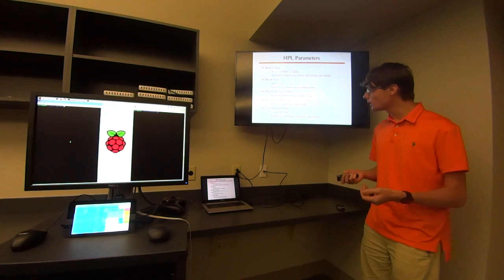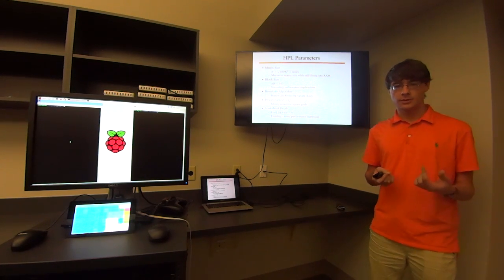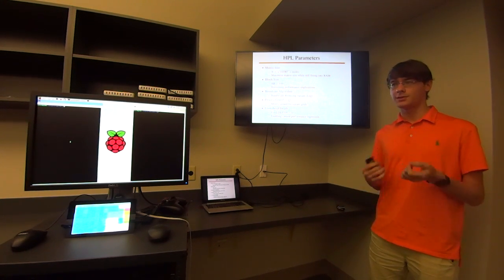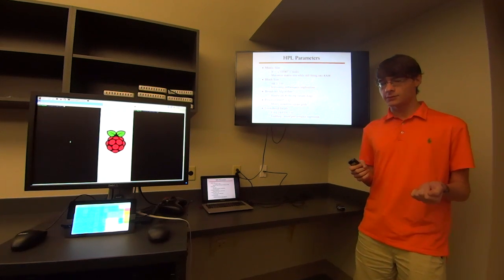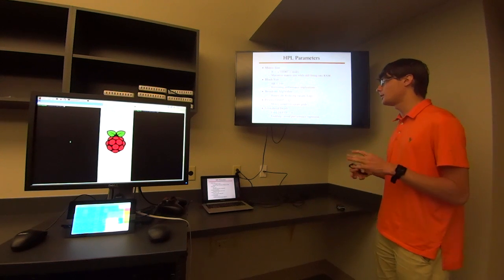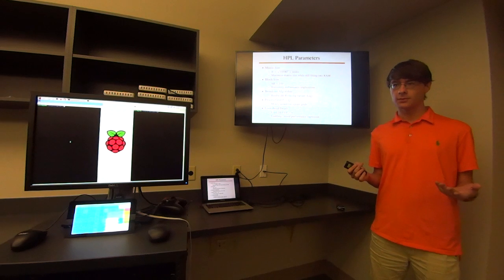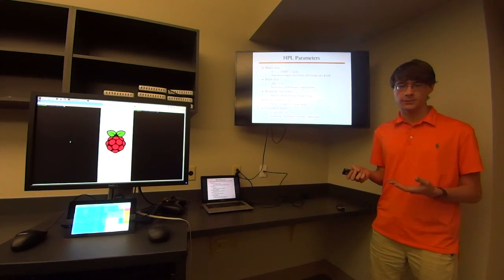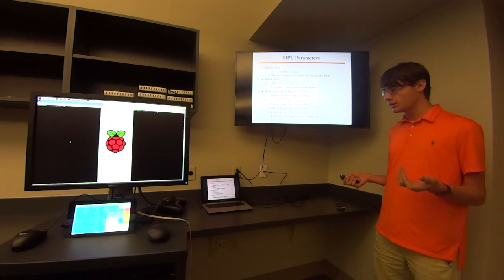Block size, I settled on a size of 100. But there's interesting performance implications from your block size, and it's sometimes difficult to figure out what's actually optimal. So 100 could possibly not be the best block size for our system. It was determined basically by doing a parameter sweep and going through the possible options.